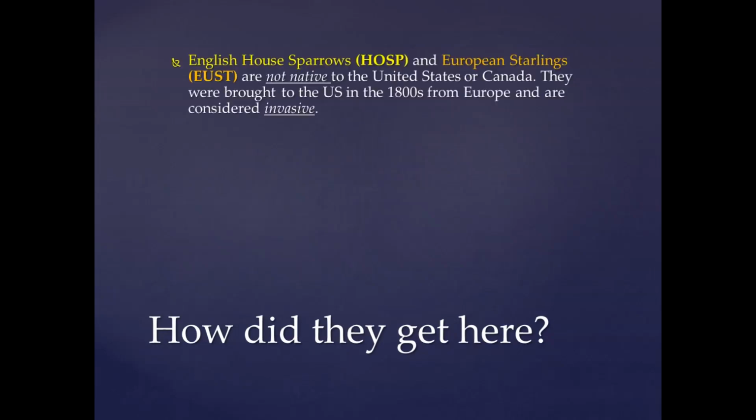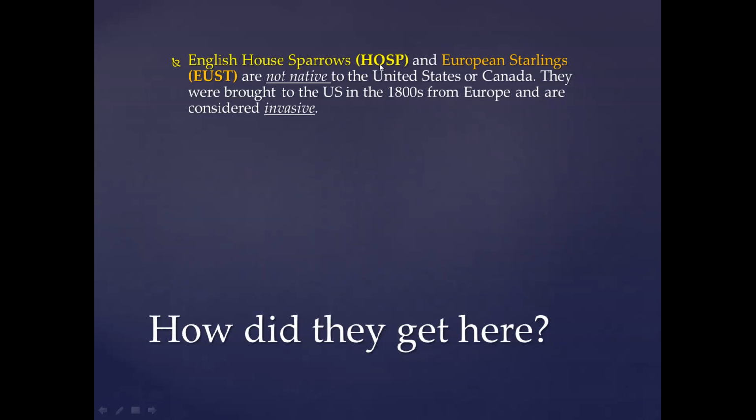English house sparrows, also known as HOSP, and European starlings, also known as EUST, are not native to the United States or Canada. They were brought to the US in the 1800s from Europe and are considered invasive. You're going to see HOSP and EUST appear, as you see on the screen, frequently throughout this presentation.